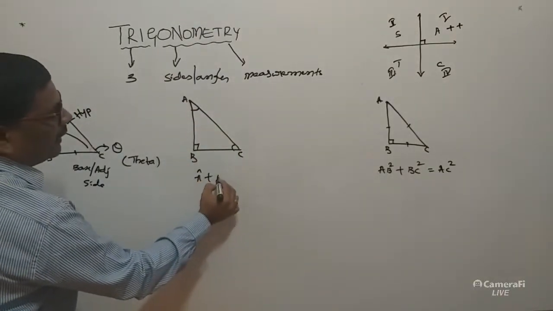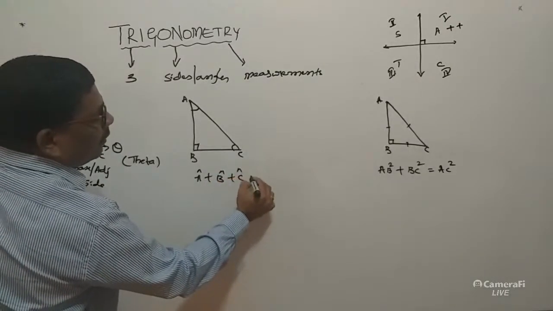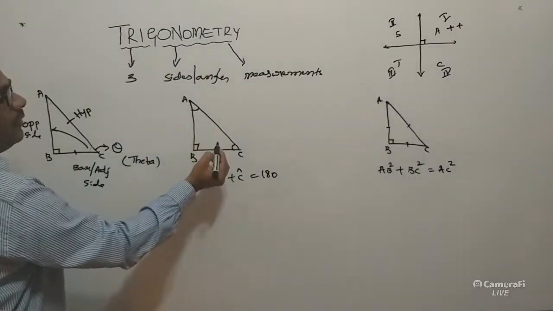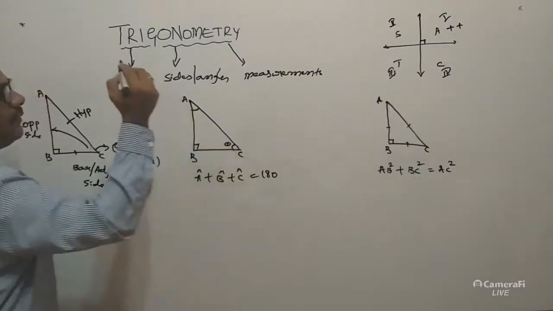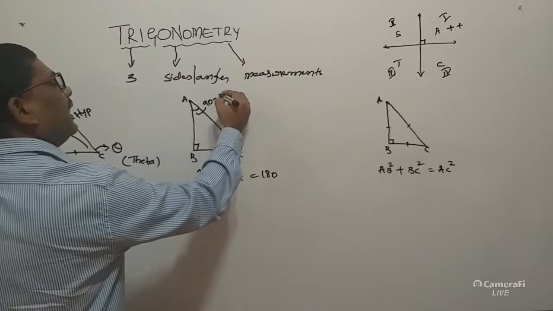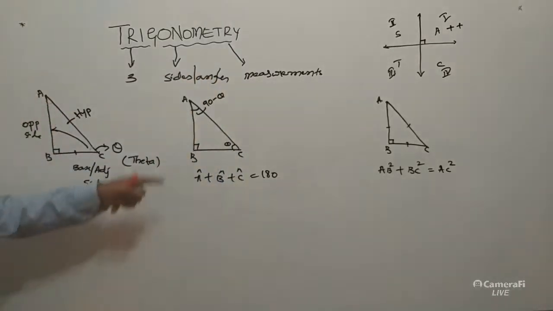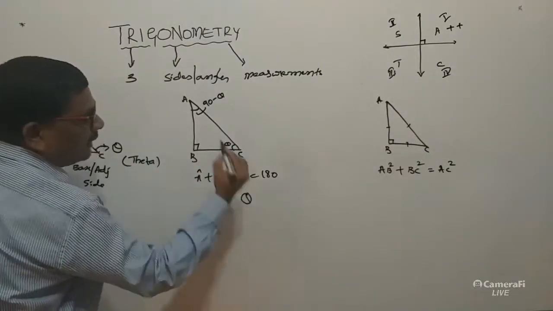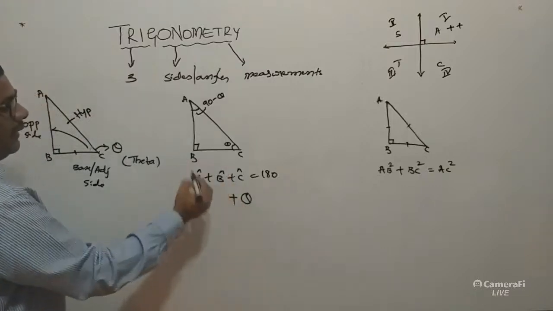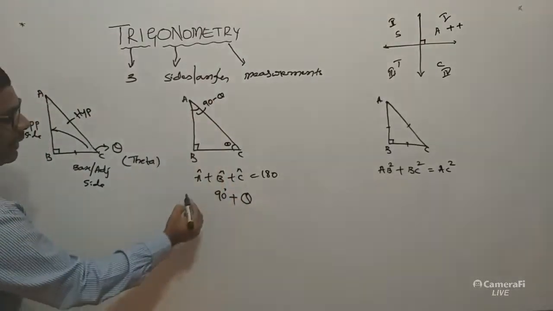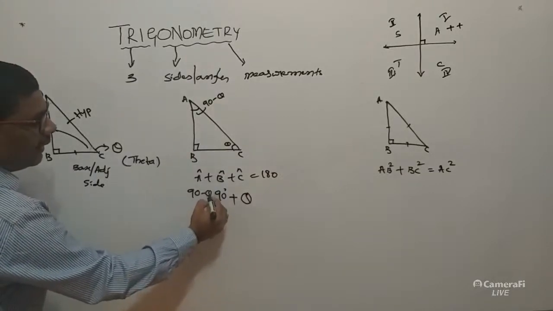Angle A plus angle B plus angle C is equal to 180 degrees. If I consider this as theta, that is angle C is theta, and angle B is 90 degrees, then definitely angle A will be 90 minus theta.